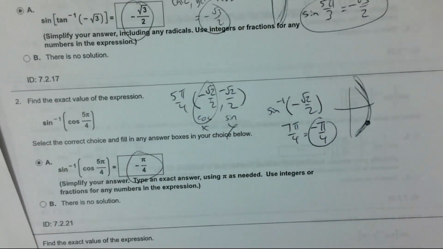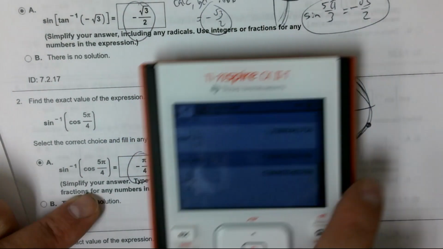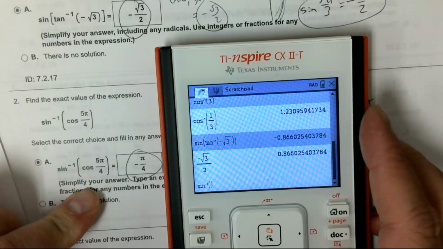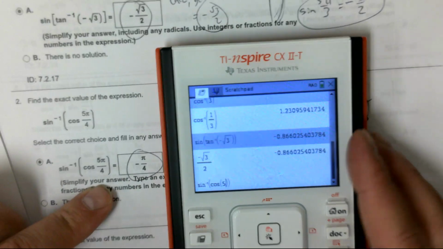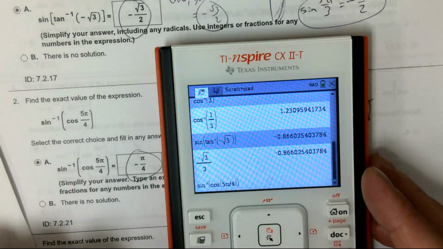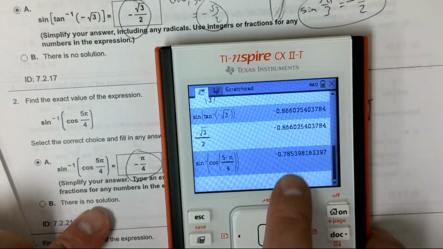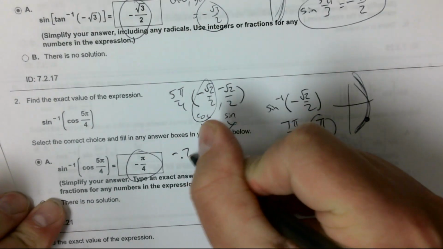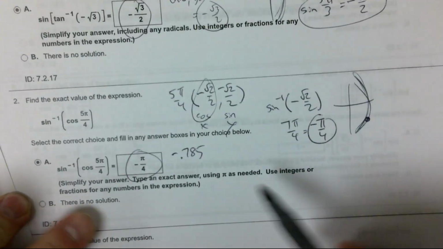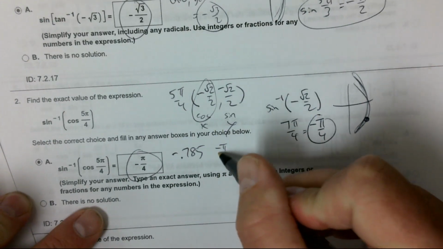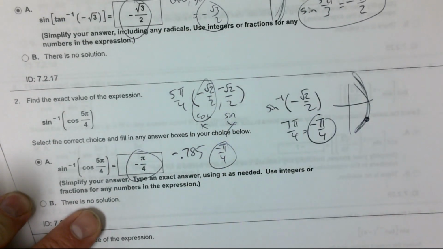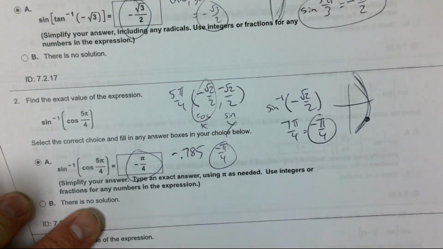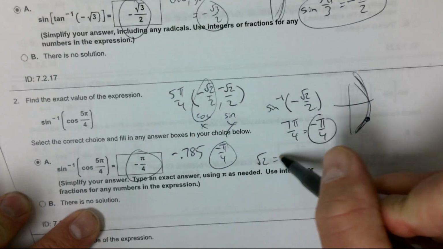Now again, if you were just using the calculator and did inverse sine of cosine of 5 pi over 4, then you get negative 0.785, and you'd have to guess and check until you get to negative pi over 4. It's not a square root one. Square root of 2 is 1.414.